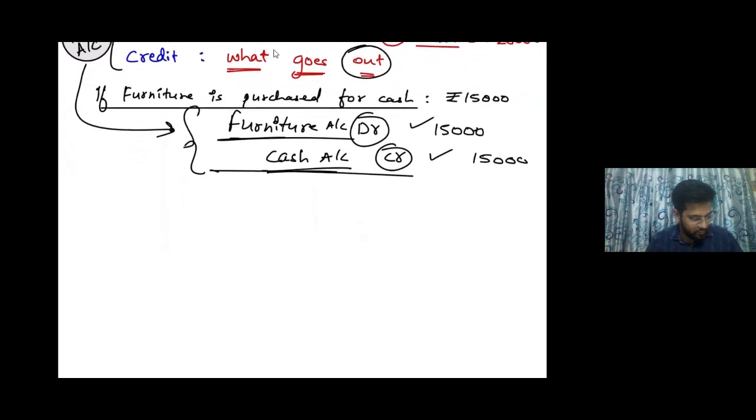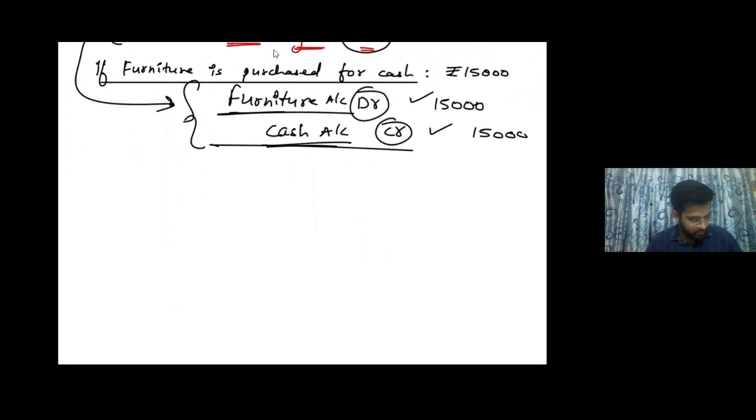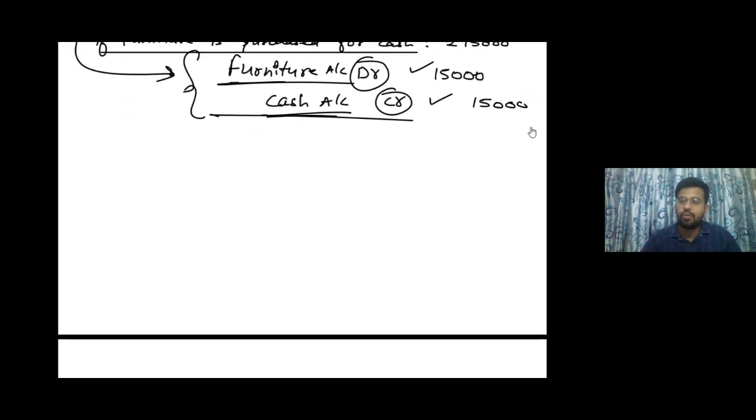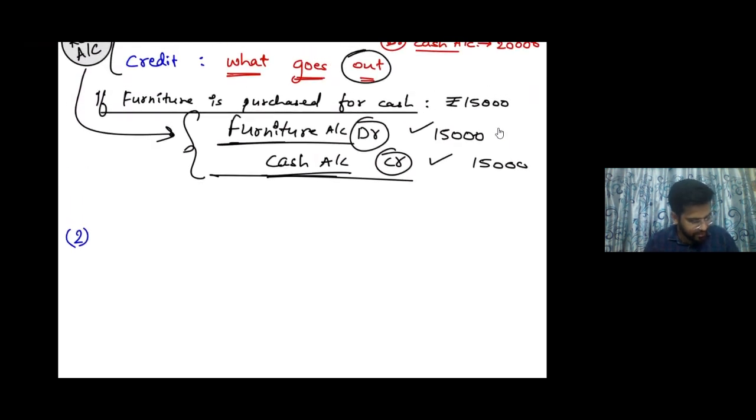Going to the second rule. First rule, I told you about the real account. Now let's talk about the personal account. What do you mean by personal account? What will you do if someone gives you the money and someone takes the money?